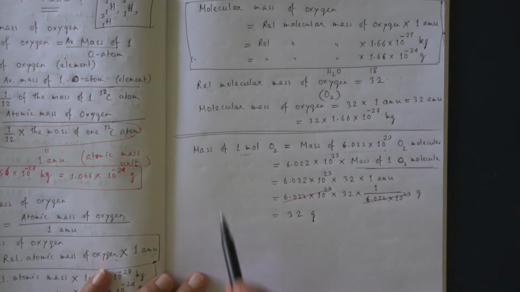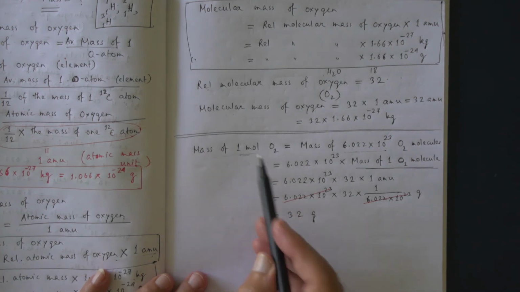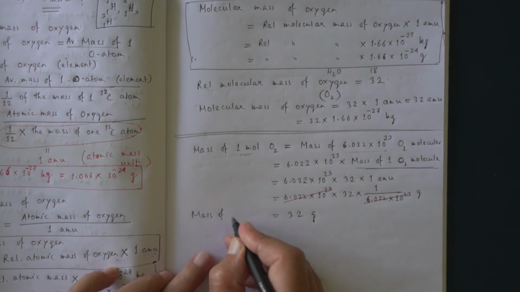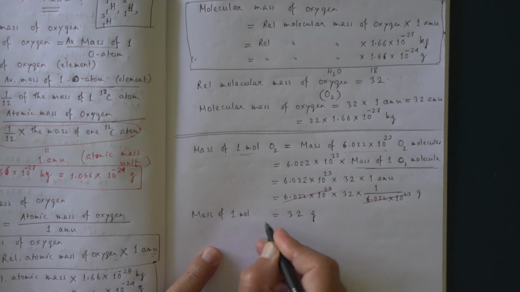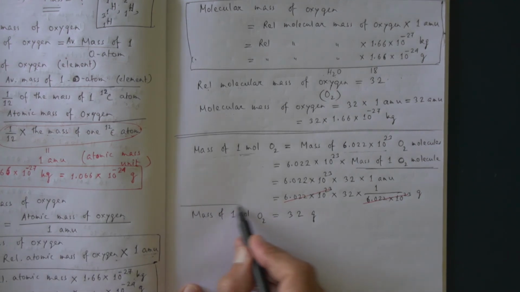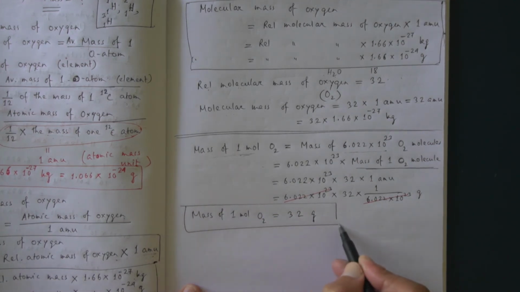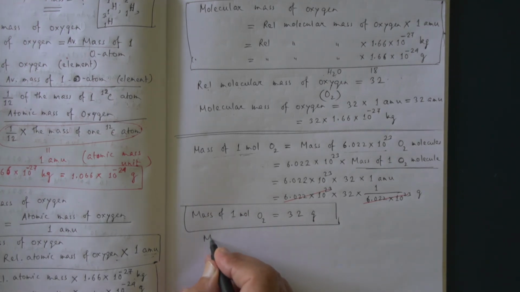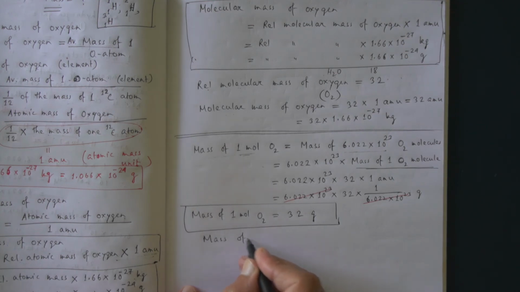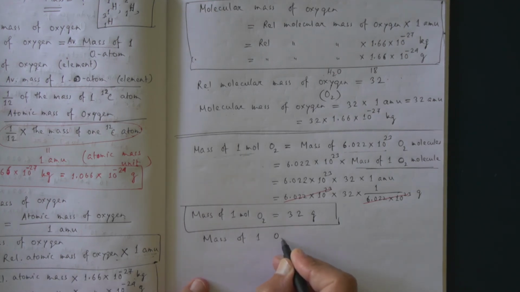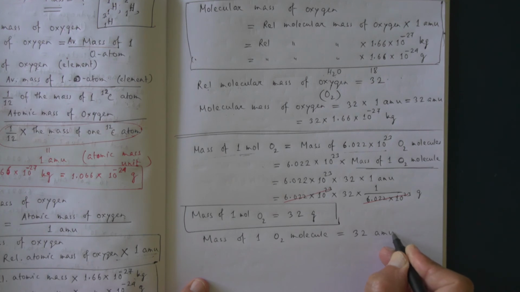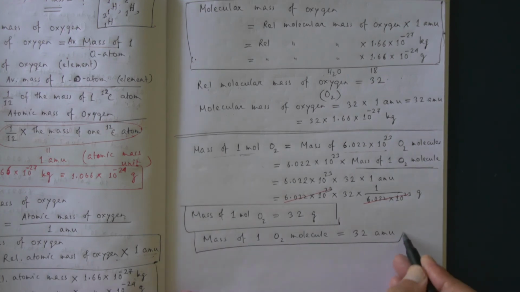So mass of 1 mole O2 equal to 32 gram, but mass of 1 O2 molecule is 32 AMU. You see the difference.